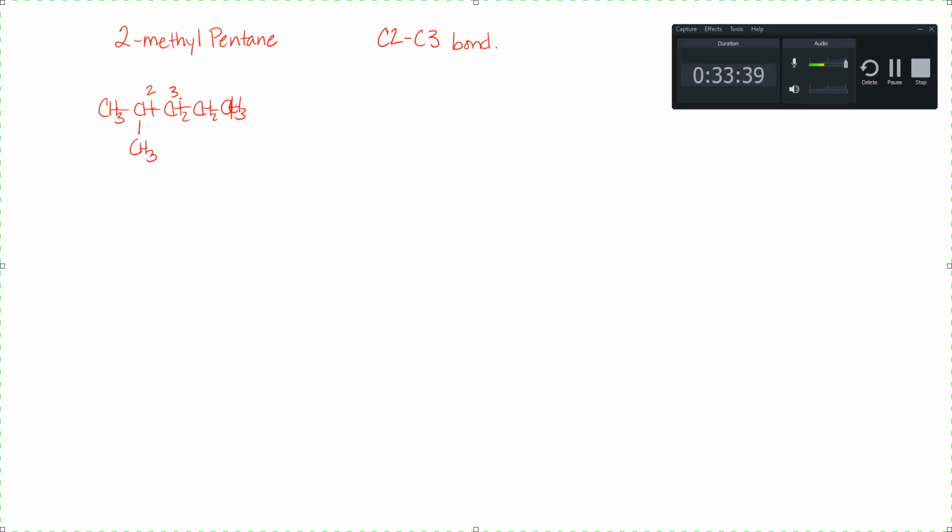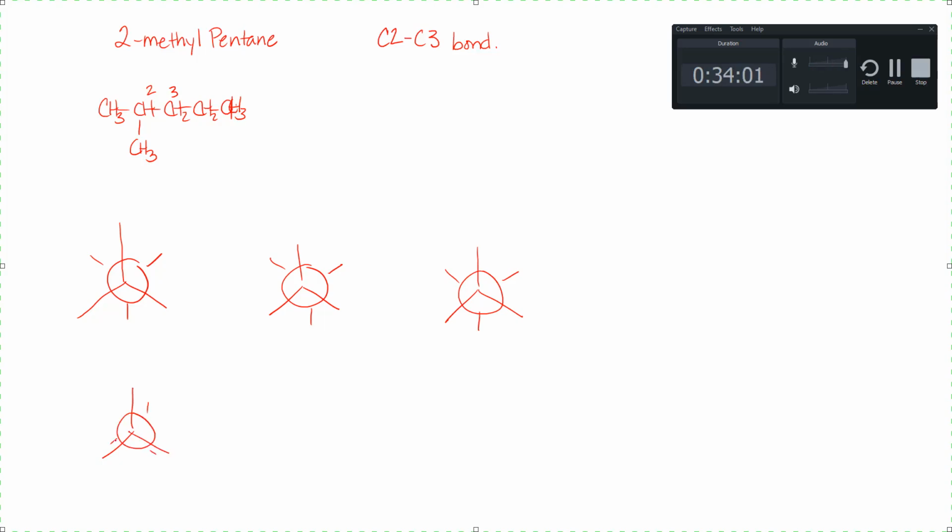So let's go ahead and do that. Now let's start by drawing out our 3 staggered conformations. And then let's go ahead and draw out 3 eclipsed conformations.